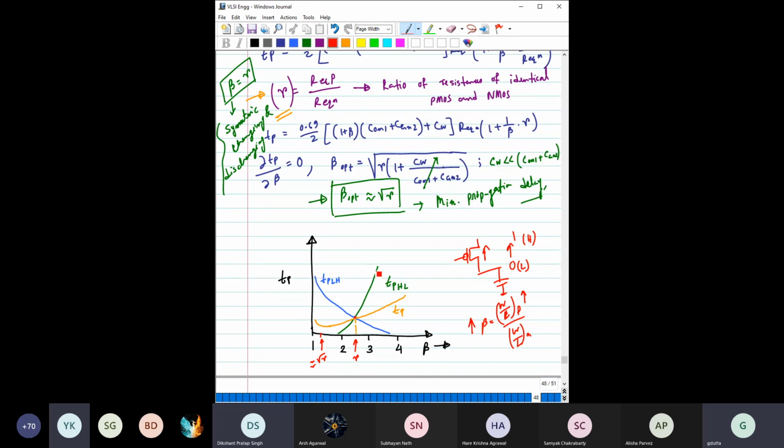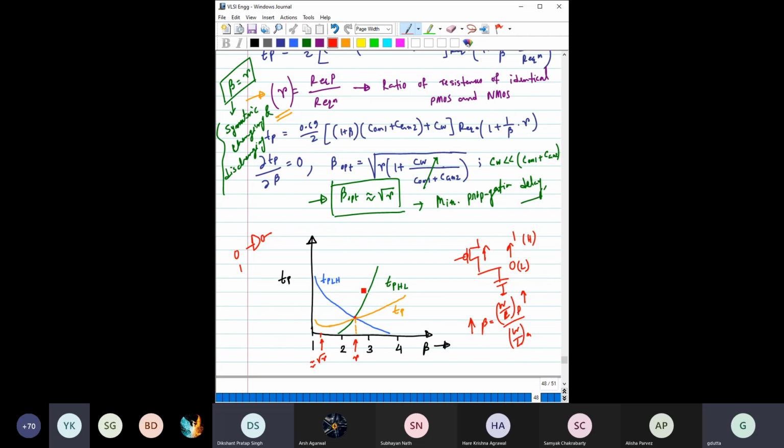Yeah, we could have considered that, but what makes more sense is that for a gate, suppose it is an inverter, sometimes we are giving logic 0, sometimes logic 1. Depending on that, the output TPHL and TPLH may be significantly different.